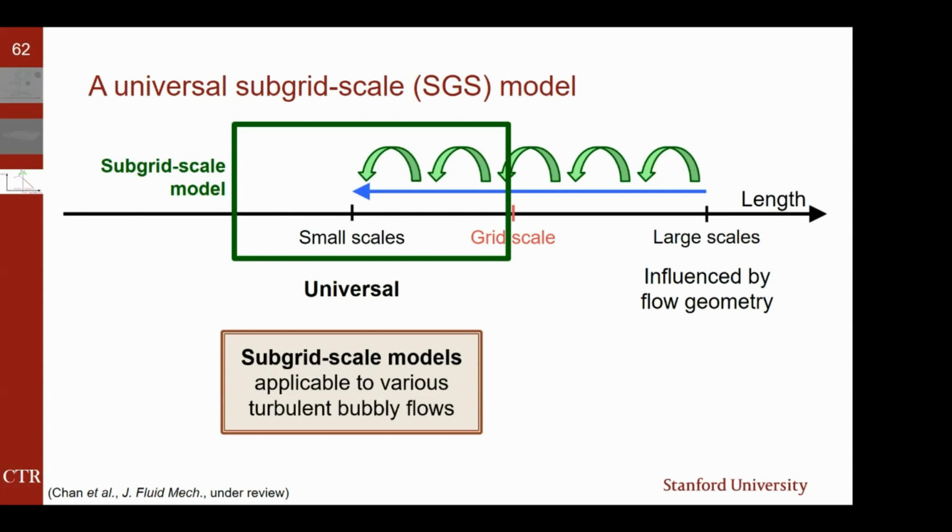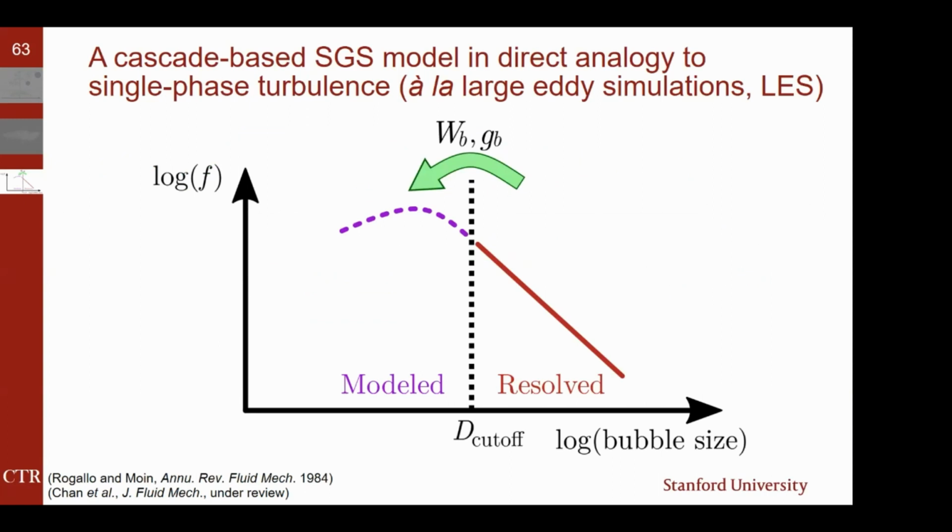If not all of them, at least some of them. And we take direct inspiration from single-phase turbulence. We resolve the large scales, model the small scales, connect the two with the flux from large to small scales, in our case, the bubble mass flux WB, and we can implement this in a solver using its proxy GB, the breakup frequency.